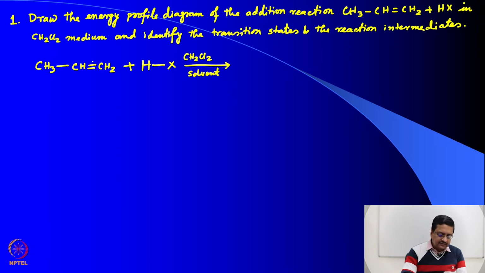So what will happen is this double bond will first open up to capture this proton and this single bond will break to form the X minus ion.